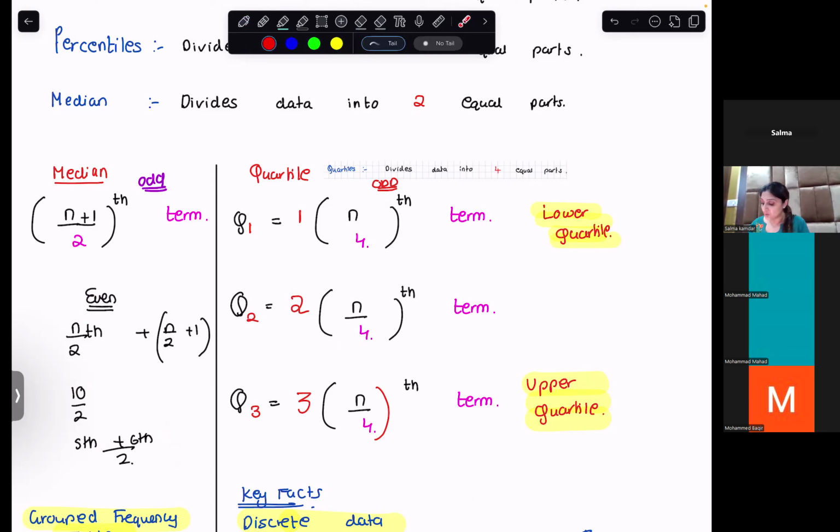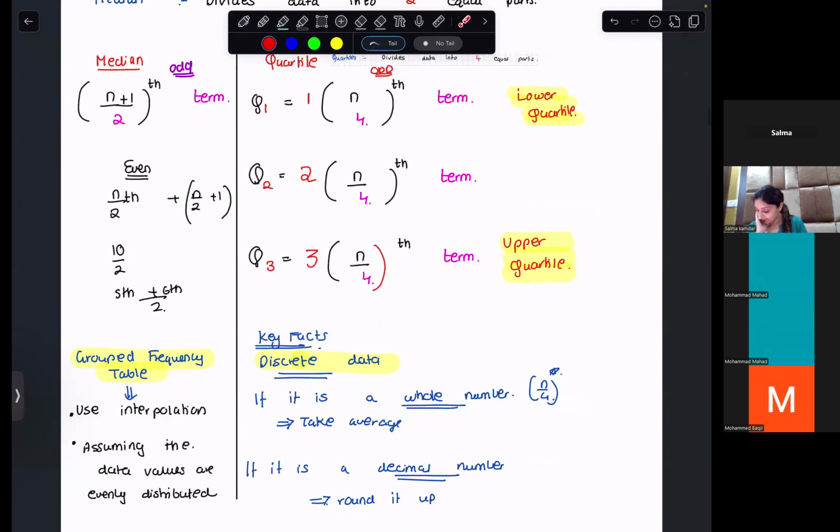Okay. Now we talk about quartiles. The first quartile is also called the lower quartile. Can you tell me about quartiles? The lower quartile is basically n divided by 4, which represents 25% of your data.